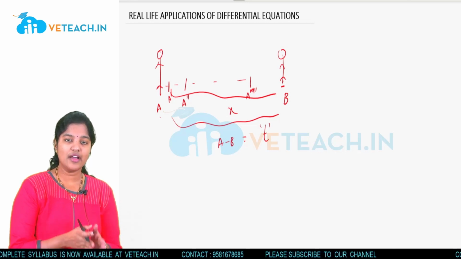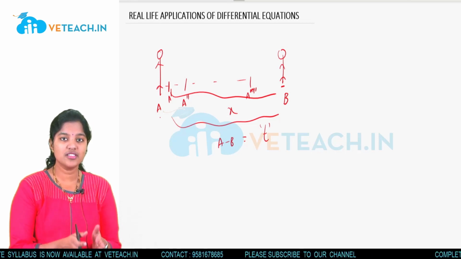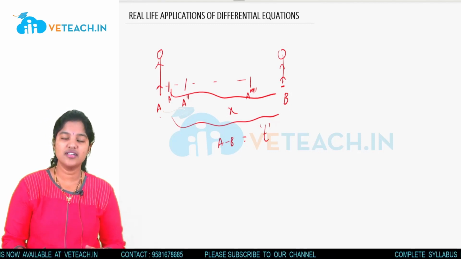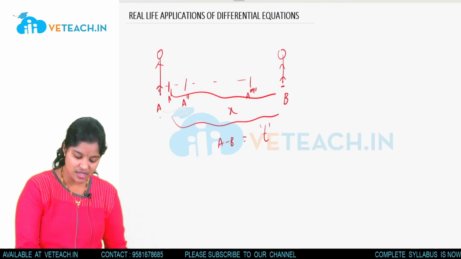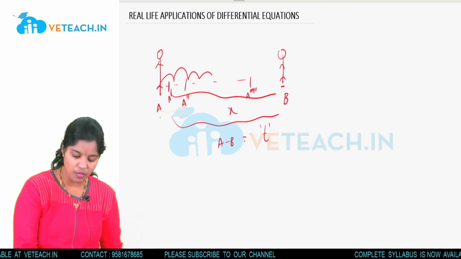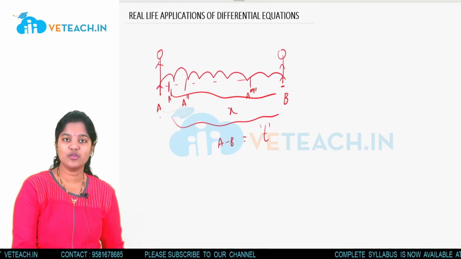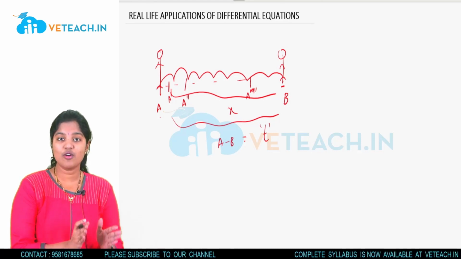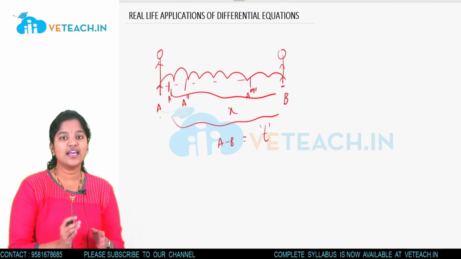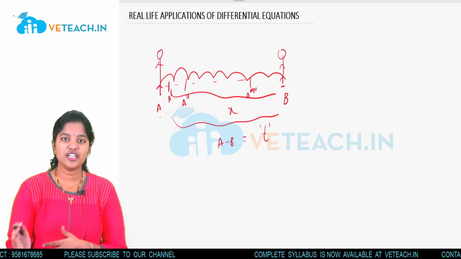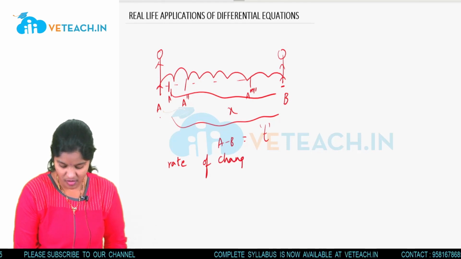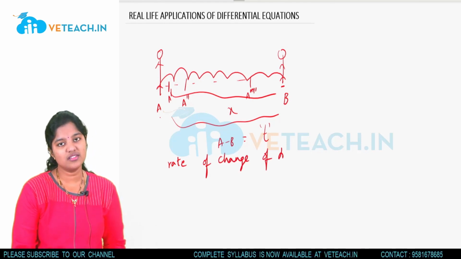So according to the time changing, the person's position also keeps on changing. It is not constant. So what can we say? The person displaces from one point to another with respect to time. That is, his position keeps on changing. The rate of change of his position, that is the rate of change of displacement. What is displacement?